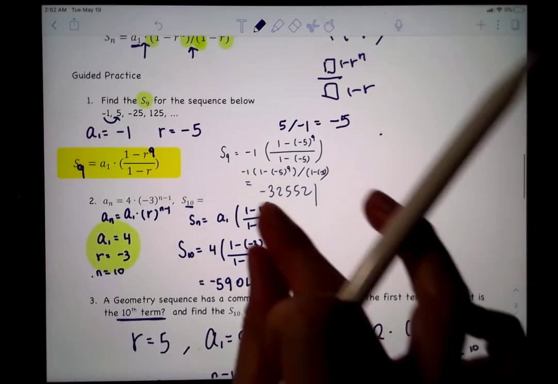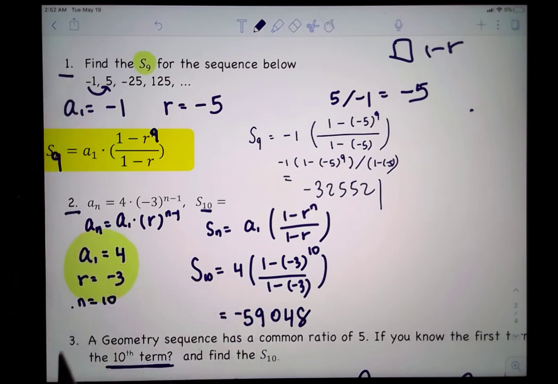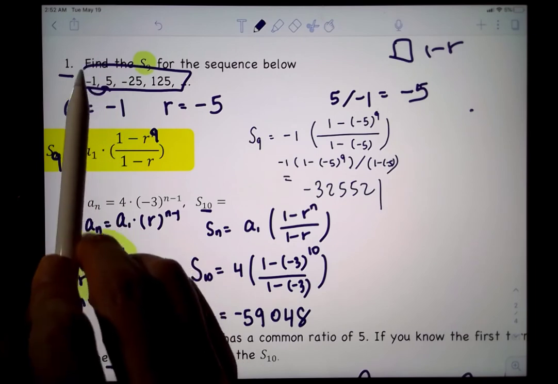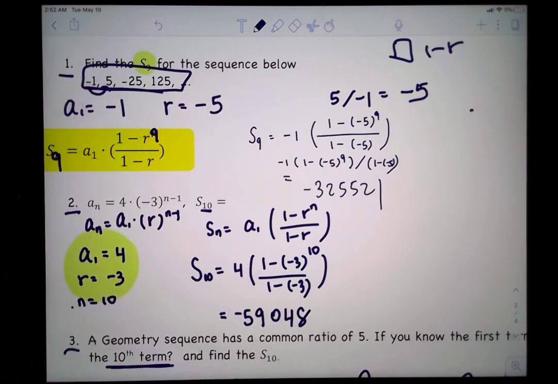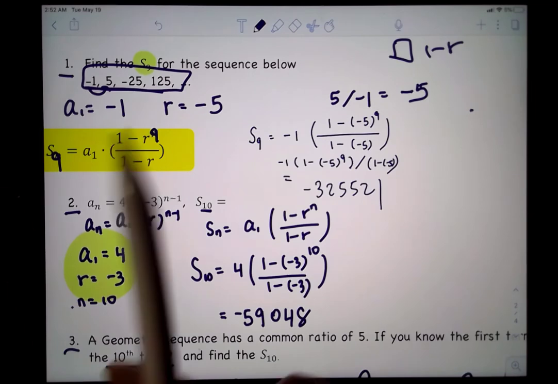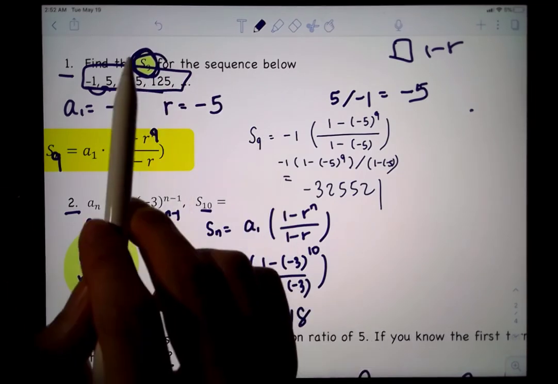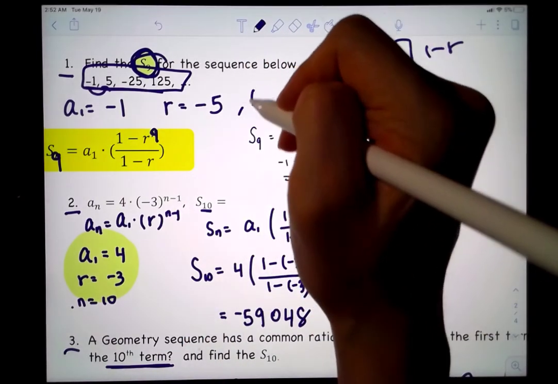And look, I just gave you three different types. First, a sequence. I just give you the sequence, then from the sequence you can get your A and R, right? And also the question will ask you, I want you to find S9. Then your N is what? Your N will be 9.